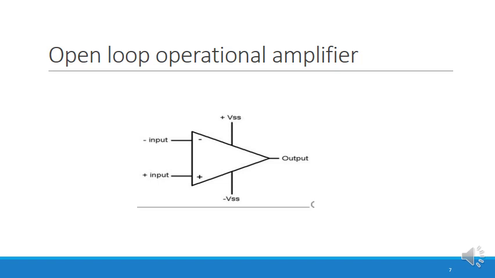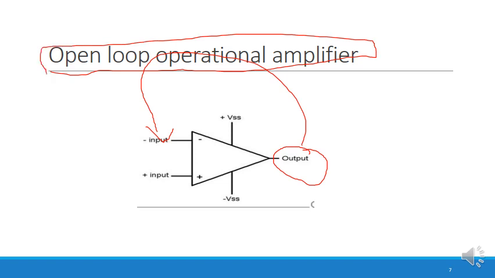Just see here, there is no connection from the output to the input terminals, correct? There is no connection here. So if you use it in the circuit in the same way, that means there is no connection from the output to the input, then it is called an open loop operational amplifier.